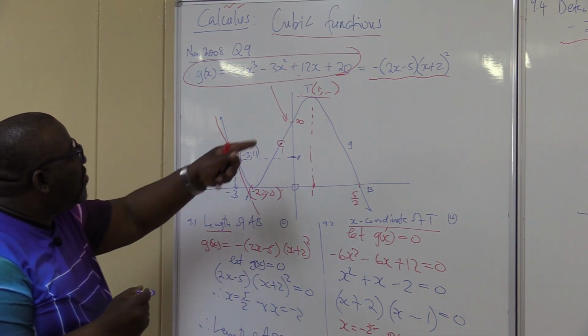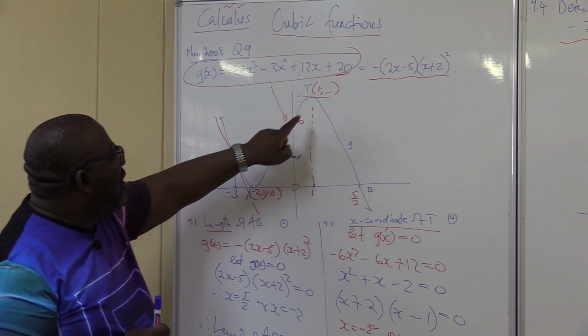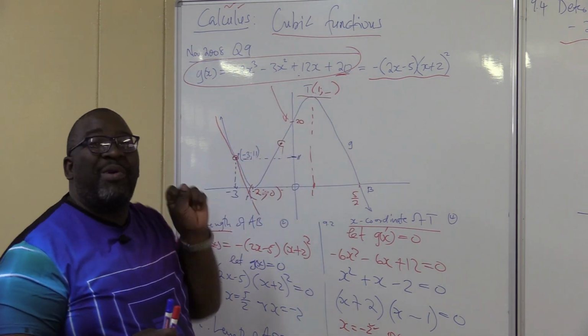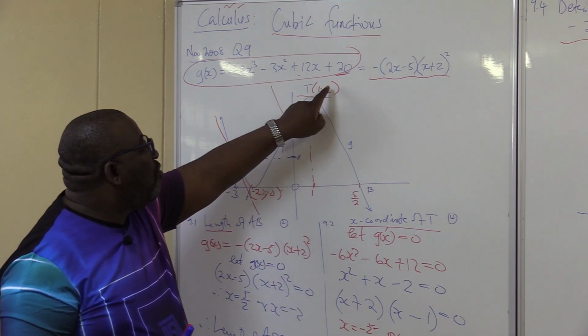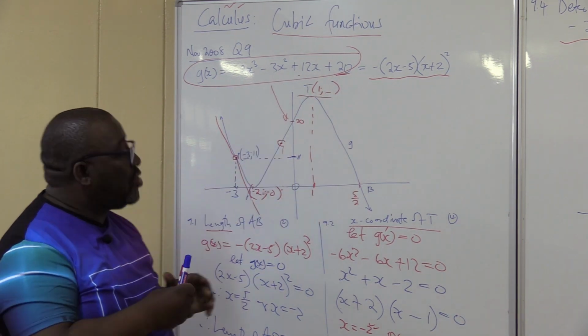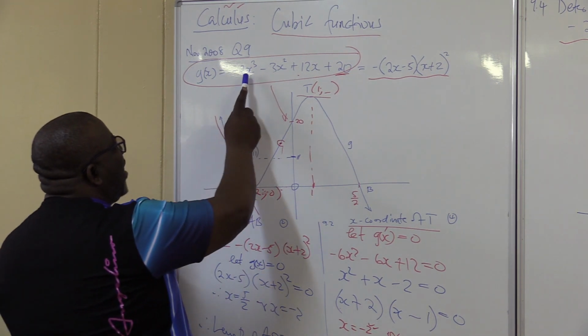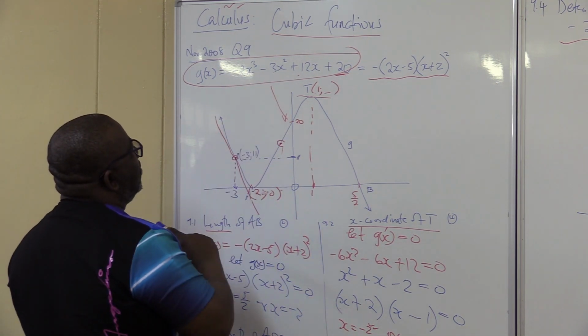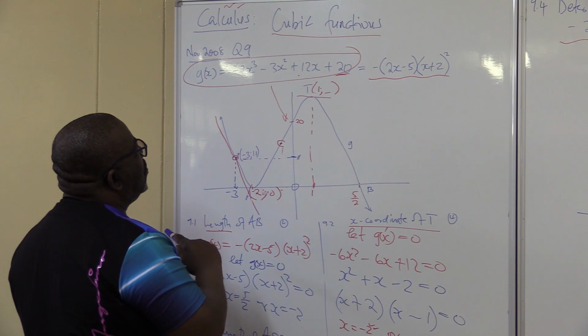Let's quickly work on this value. I think we will need it. If x is 1, what is the corresponding y value? How do you find the value of y here? You take this x, you substitute it in the original equation. Let's quickly do that. If I push 1 here, I will have -2.